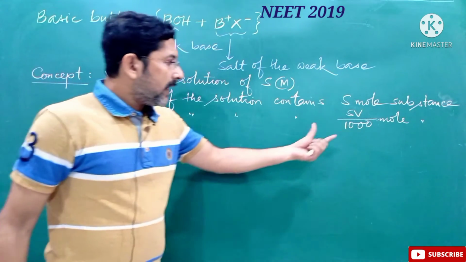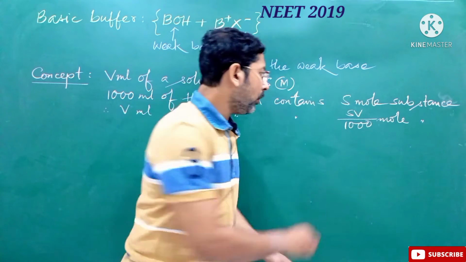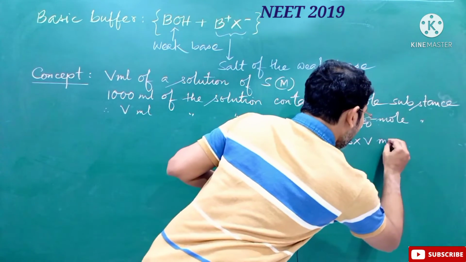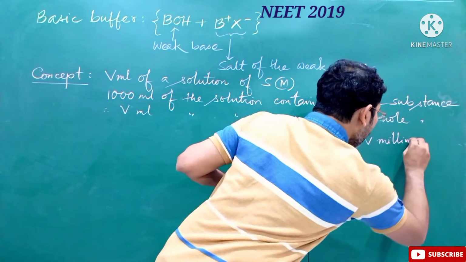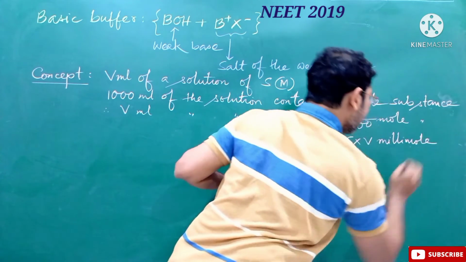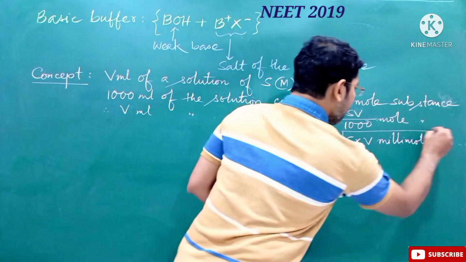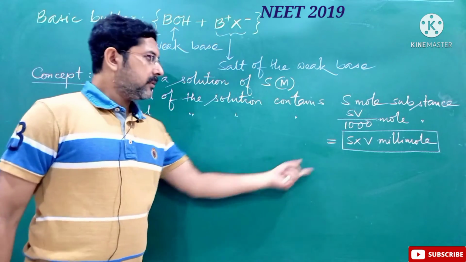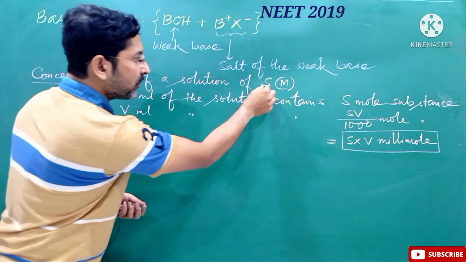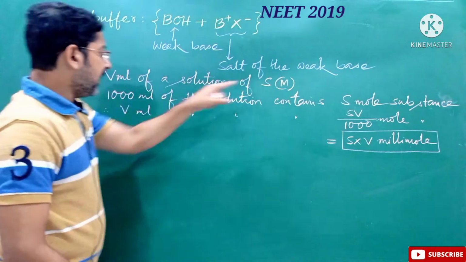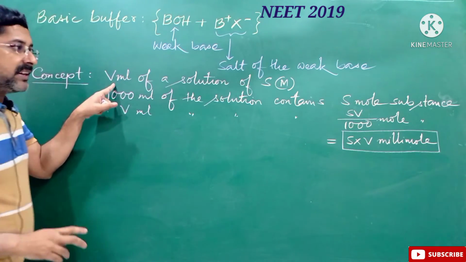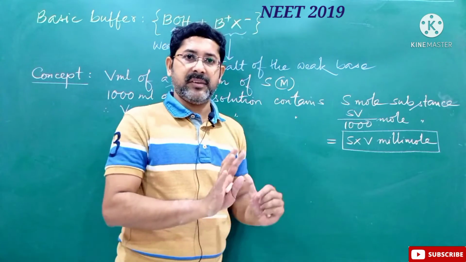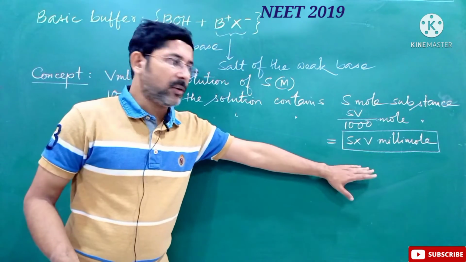So we can write S into V as the amount in millimole of substance. So this is the most important concept. The product of the concentration of the solution in molarity and the volume of the solution in milliliter gives us the millimole of substance present in the solution, right? So this is a very fundamental concept.